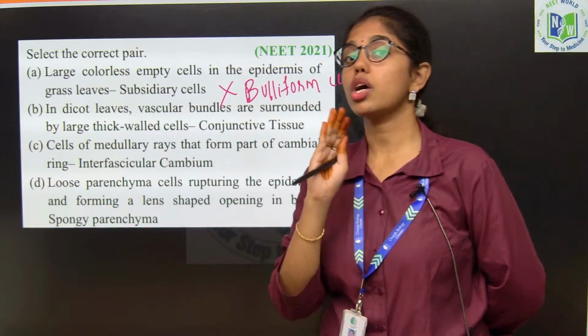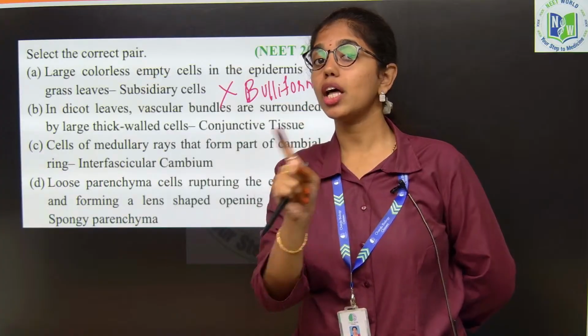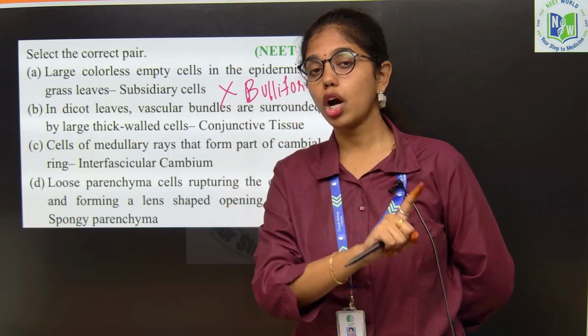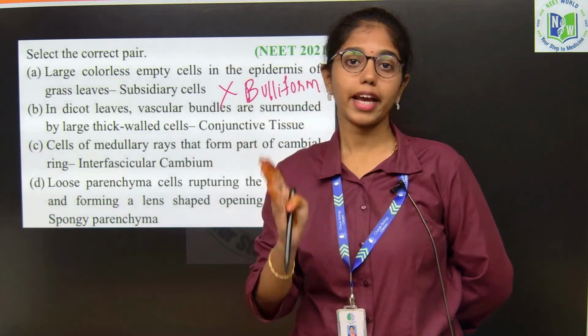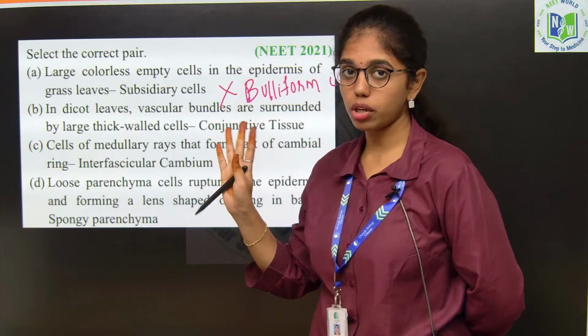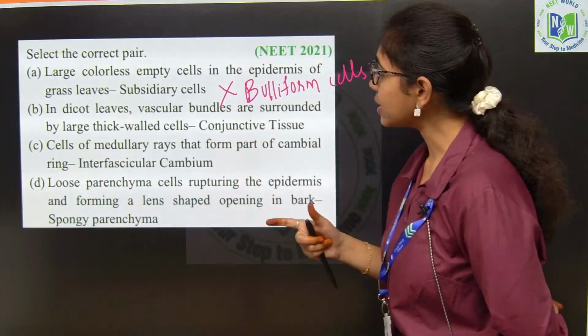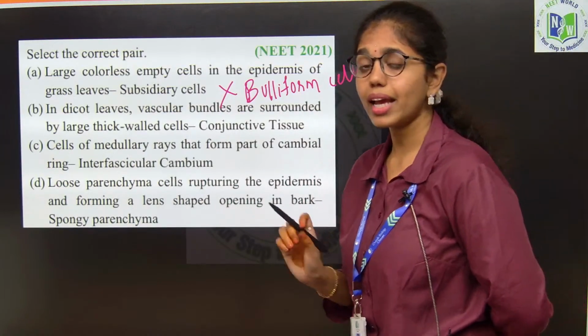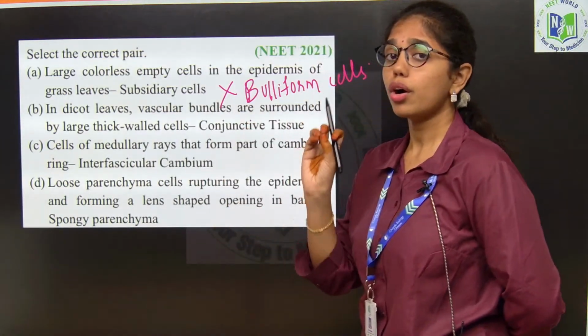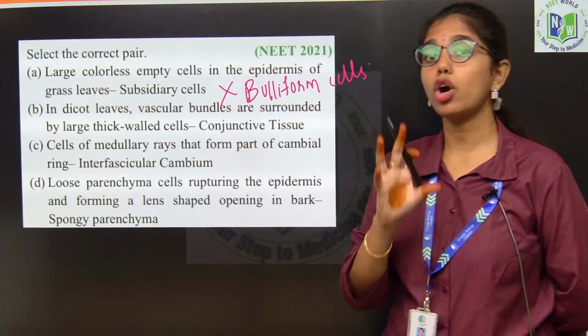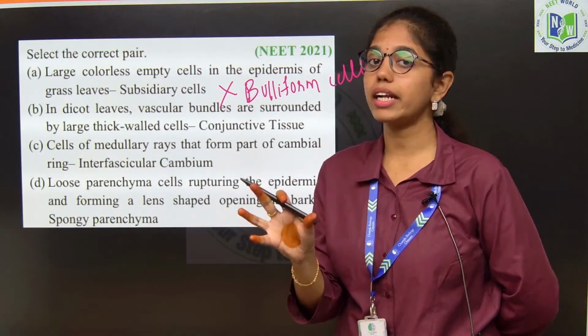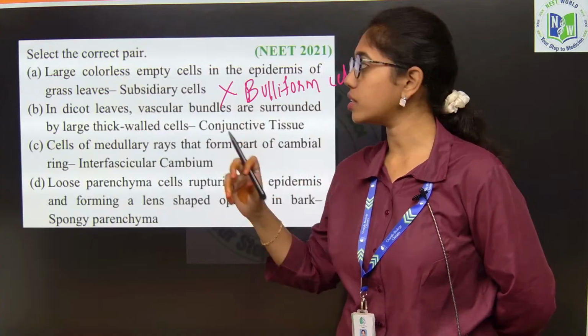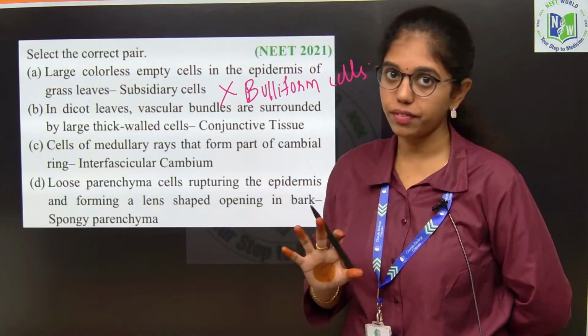Most of the questions are on vascular bundles, especially on the comparison of monocot stem, dicot stem, monocot root, dicot root, and bulliform cells of the leaf. And most importantly, the differentiation between simple permanent tissue and complex permanent tissues, and protoxylem, metaxylem, exarch, endarch condition. On all these concepts, questions have been covered in the past 5 years.